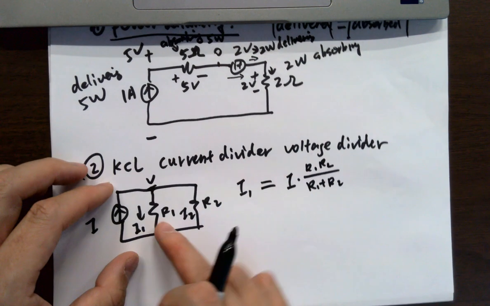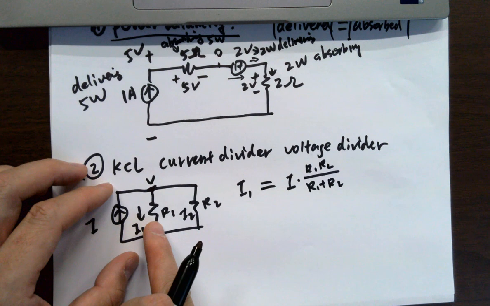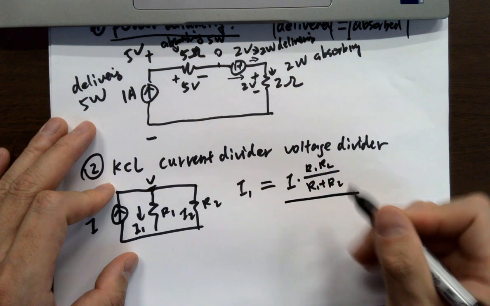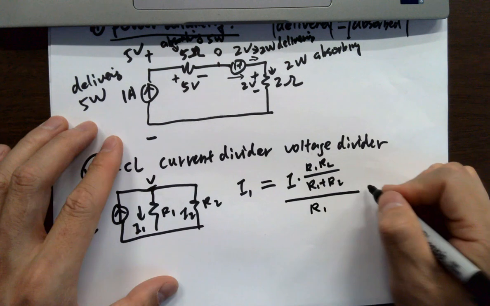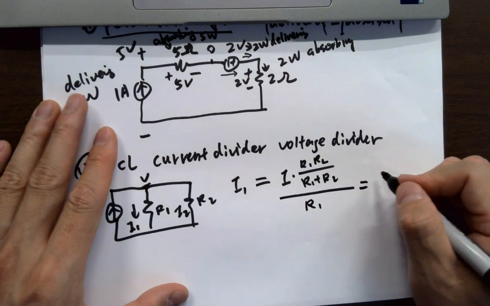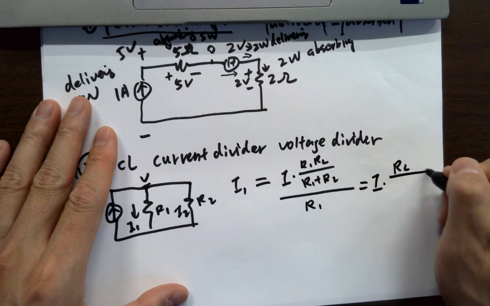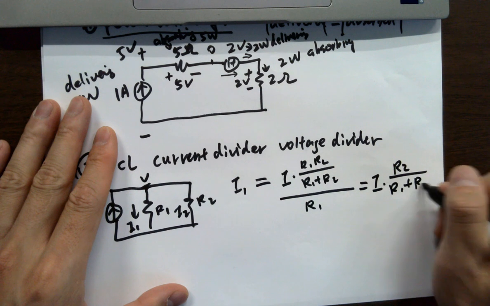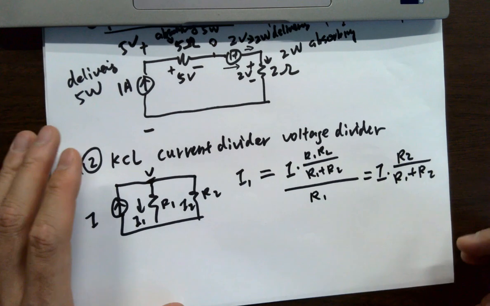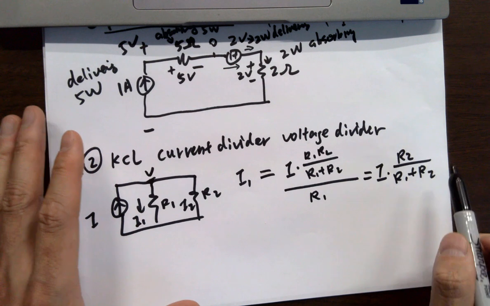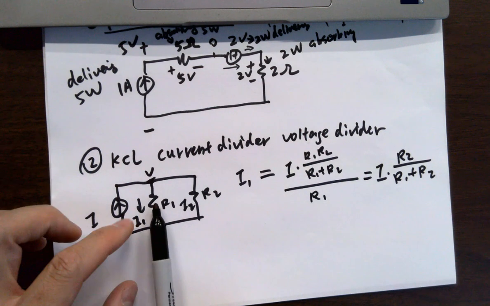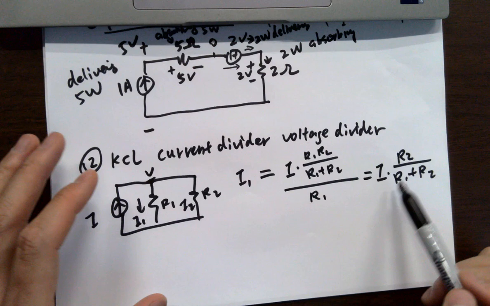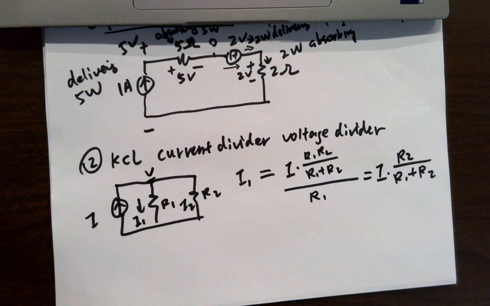So if you want to find out the current flowing through R1, you just have to divide the whole thing by R1. That's why you leave an R2 on the top. That's why when we write down the current divider equation, if we want to know the current flowing through R1, we put R2 on the top. Okay, that's why we did it that way.